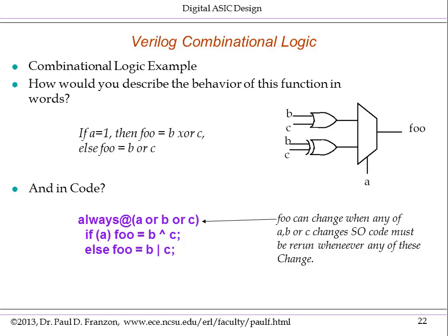So again, the behavior of the code is implying the logic function that is being modeled. The logic is reevaluated whenever any of the inputs change, just like in combinational logic, and the behavior corresponds to that of a mux because of the if-else statement, and two logic gates because of the XOR and OR statements.